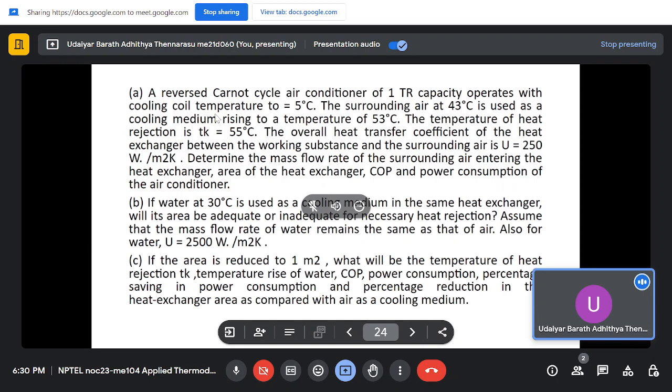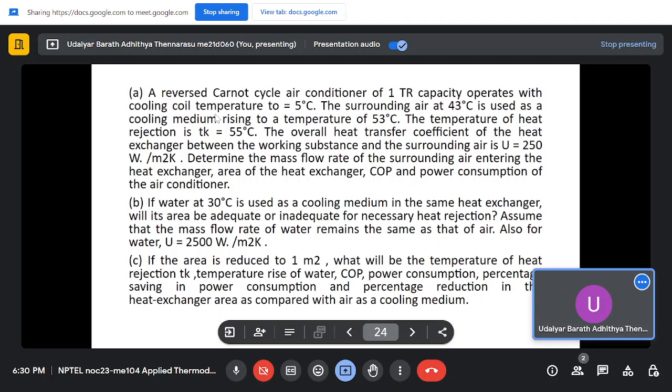Next we will see some numericals on the vapor compression system. Here it says that a reversed Carnot cycle air conditioner of 1 ton refrigeration capacity operates with a cooling coil temperature of 5 degrees Celsius, with the surrounding air at 43 degrees Celsius.